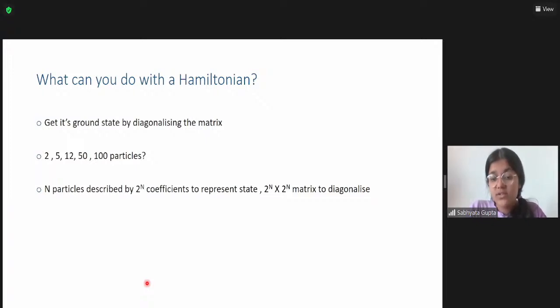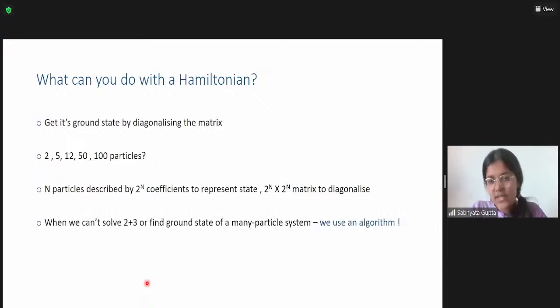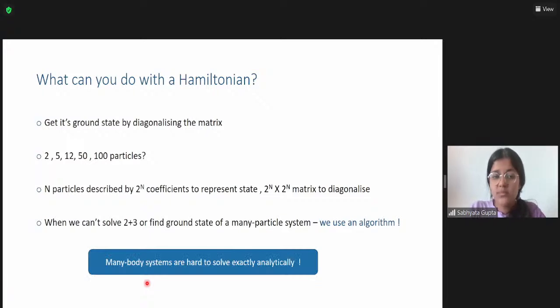So whenever we cannot do something ourselves or analytically, we use computers or algorithms for it, whether it is finding what 2 plus 3 is or finding the ground state of a many particle system. In general, many body systems are hard to solve exactly analytically, so we resort to numerical simulation methods.